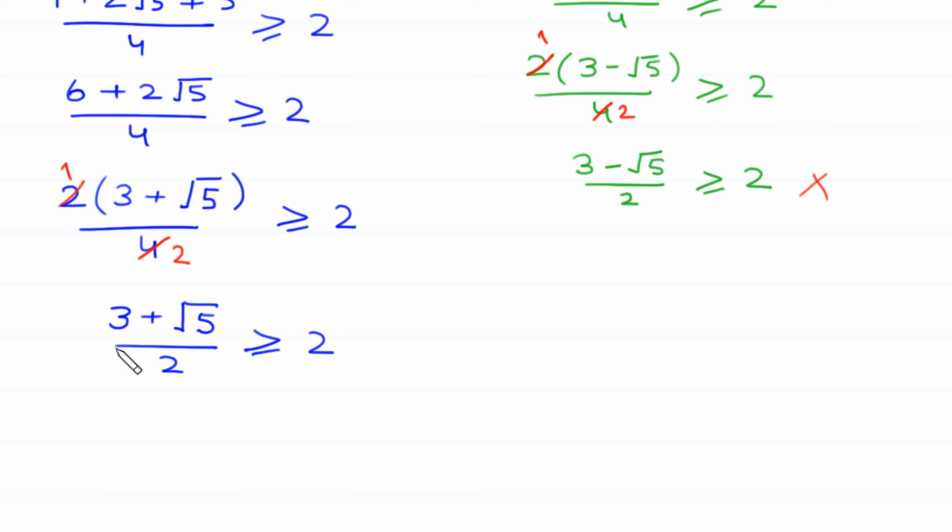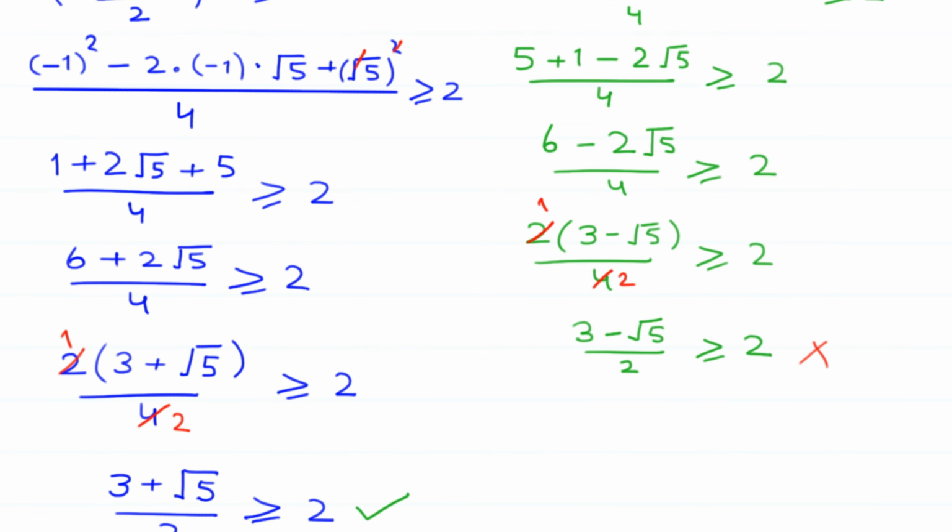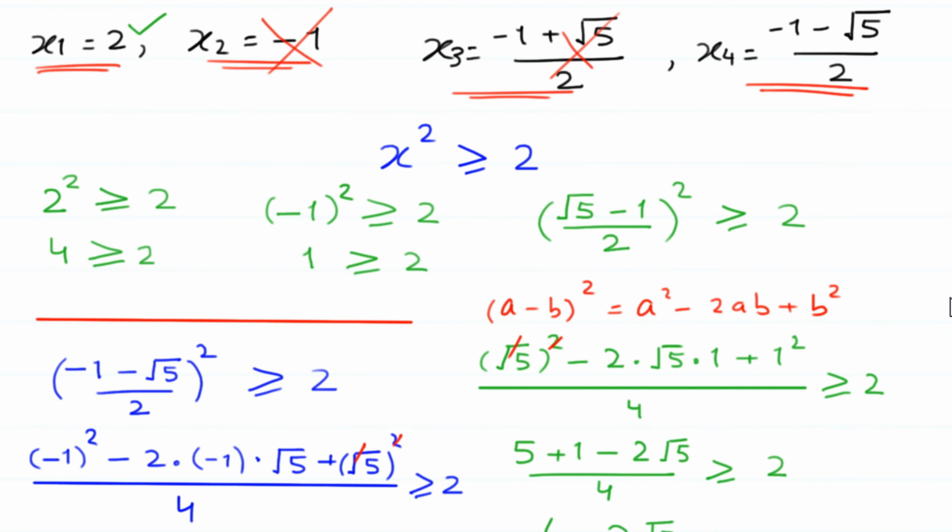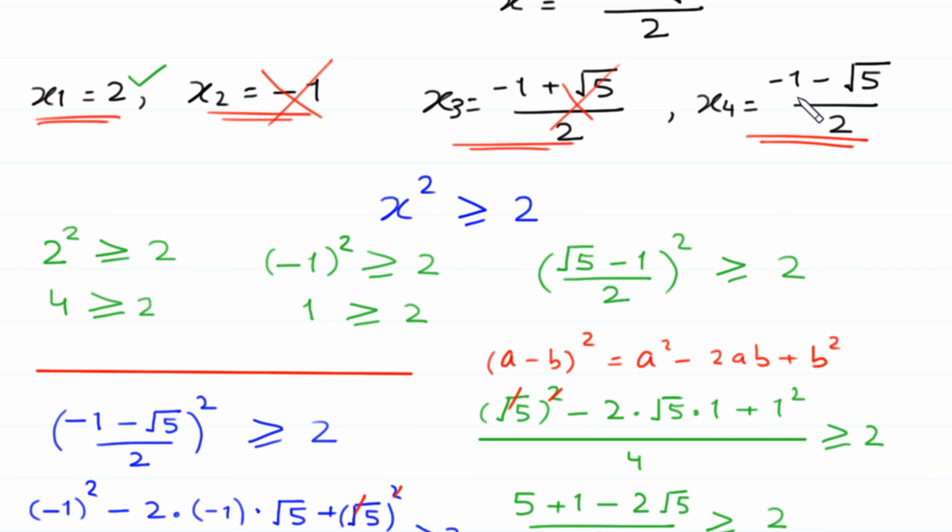Now you can see that 3 plus square root of 5 over 2 is greater than 2. So this condition is true. So this solution minus 1 minus square root of 5 over 2 is also a valid solution.